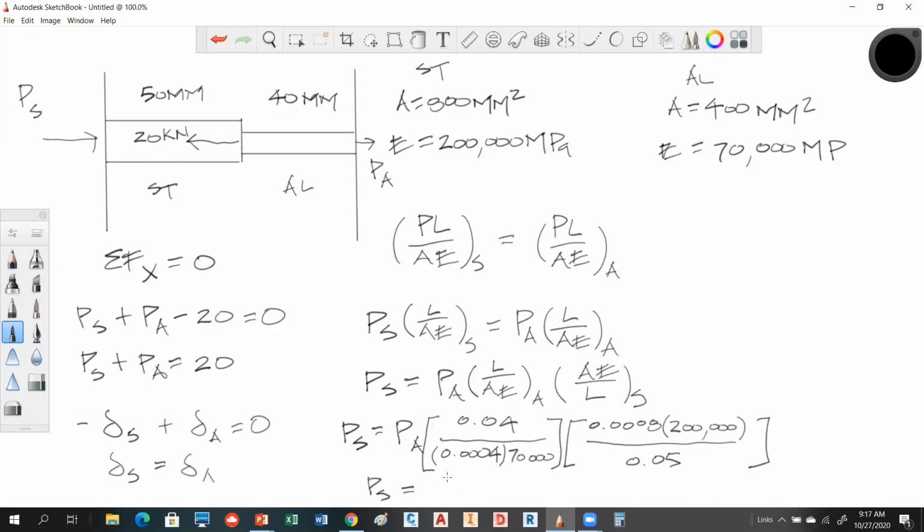Got a number. I'm going to put my number down and you guys can let me know if you got that. I get 4.5714, and that would be P of the aluminum. So what that's telling me is that the force of the steel is 4.5 times the force in the aluminum.